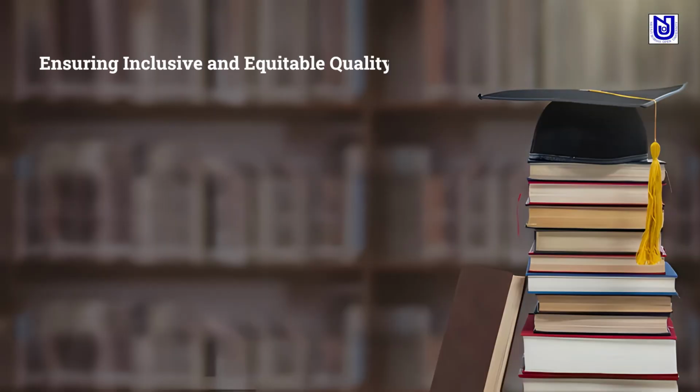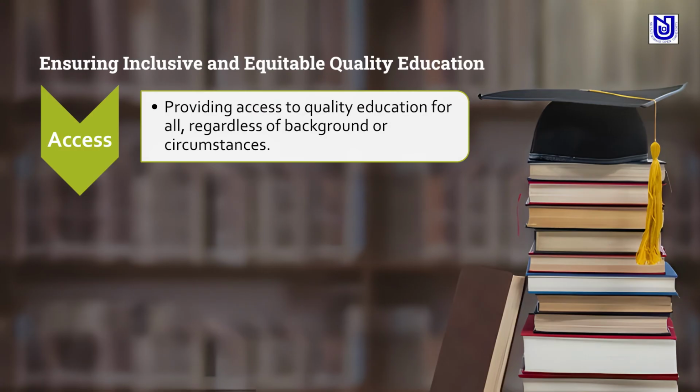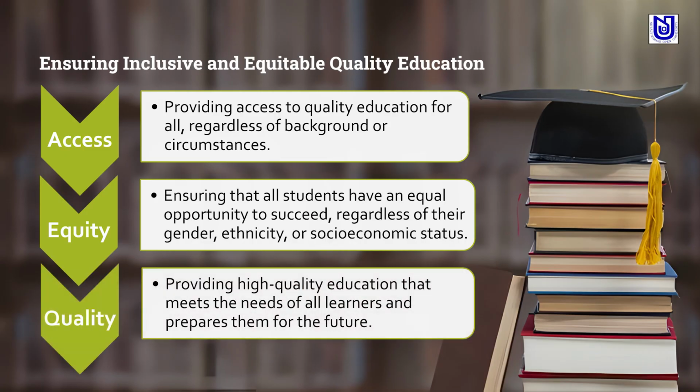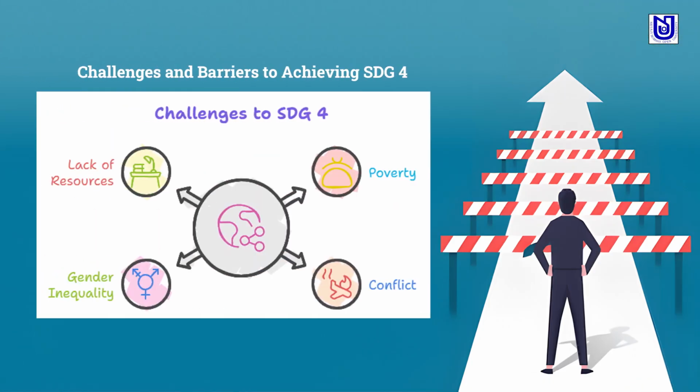And to ensure inclusive and equitable quality education, we need to focus on 1. providing access to quality education for all, 2. ensuring that all students have equal opportunity to succeed, and 3. providing high quality education.